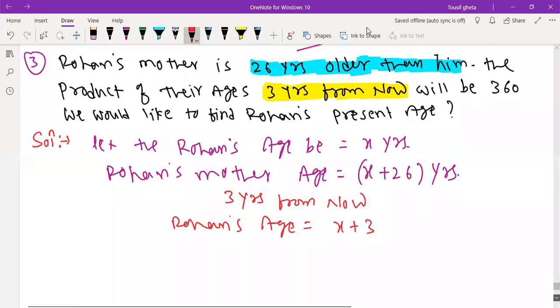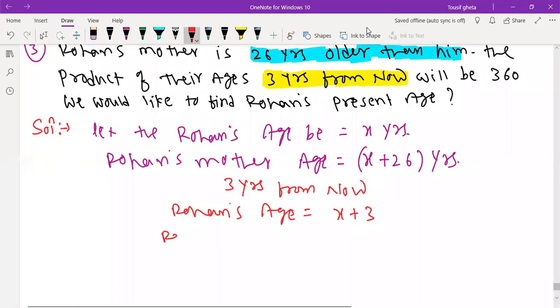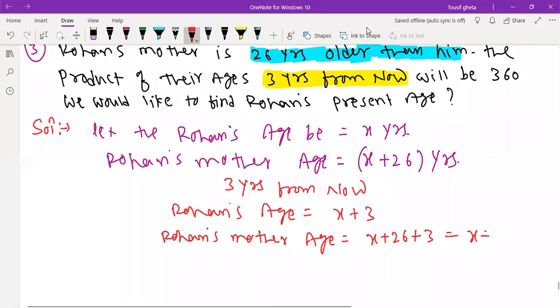Rohan's mother's age is now x plus 26, but 3 years from now it will be plus 3. So we'll get x plus 29. 26 plus 3 is 29.